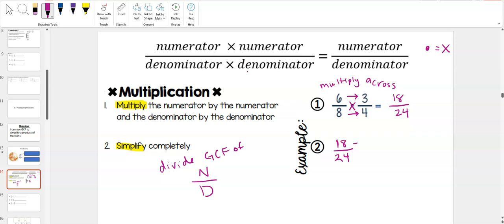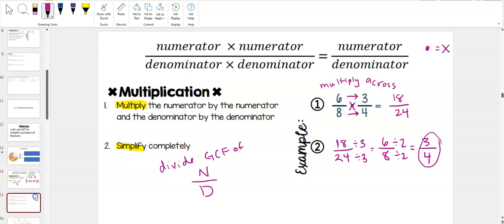So if I divide by 3, I'm going to get 6 and 8. Oh, that's not the greatest common factor. Let's go again. I could divide by 2 this time, which means both were divisible by 6. And I'm going to get 3/4. And that is our answer, 3/4. Okay, simple, easy, just like that.